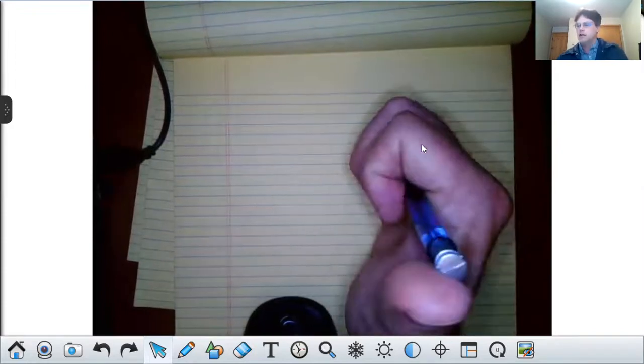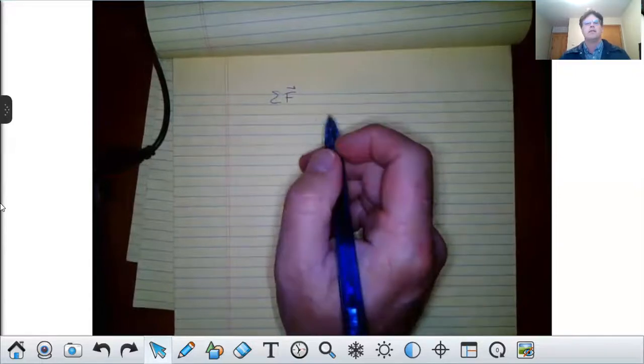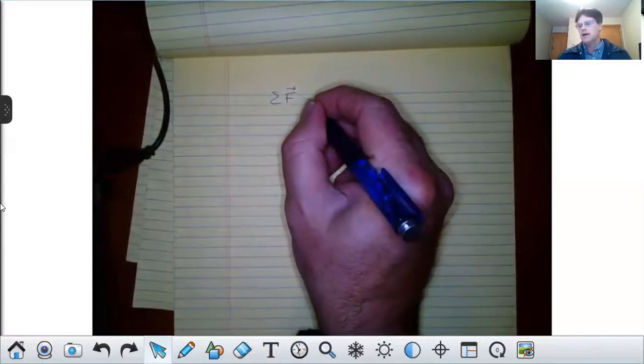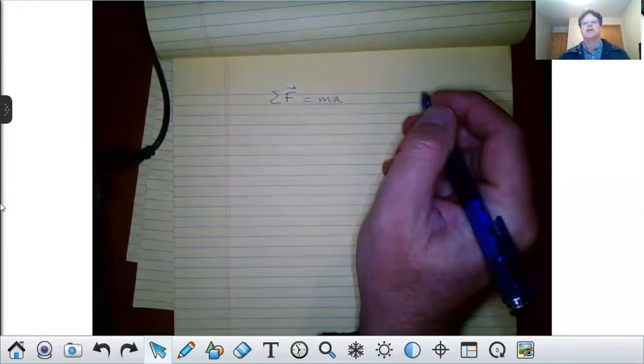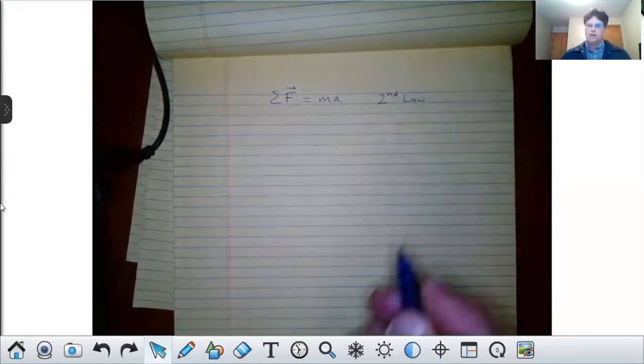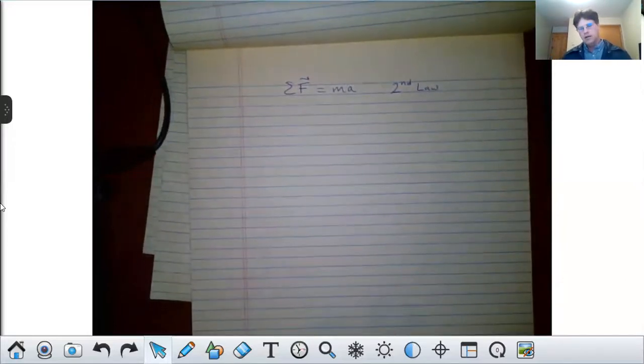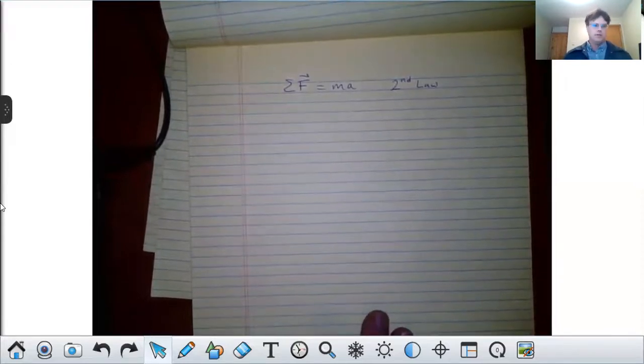And Newton's second law says that if you add up the forces acting on a mass, they have to equal the mass times the acceleration of the object, right? And so this is the second law. There's also the third law, which we'll talk about in a moment as well. Basically, it says if I push on something, that something has to push back with an equal and opposite force.